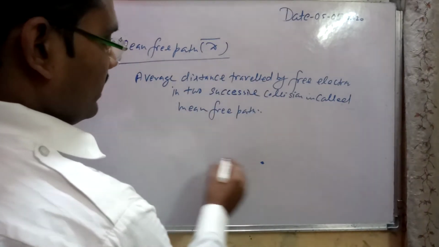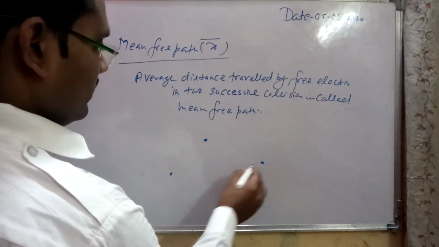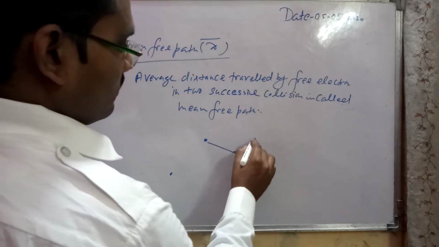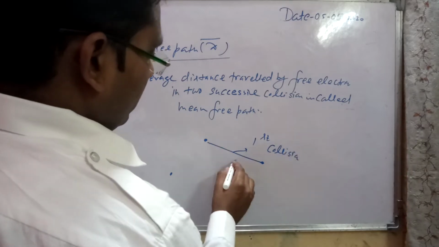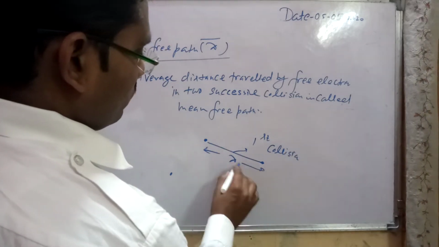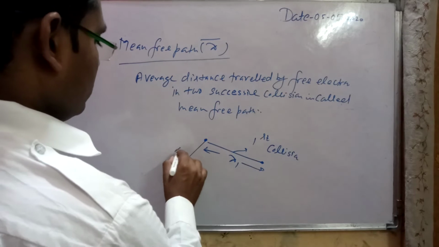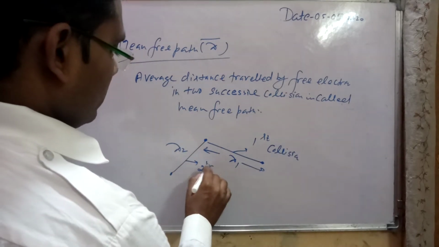That means here we take an electron. This one is the first collision. Let the distance traveled before the first collision be lambda 1, and this one is lambda 2, before the second collision.